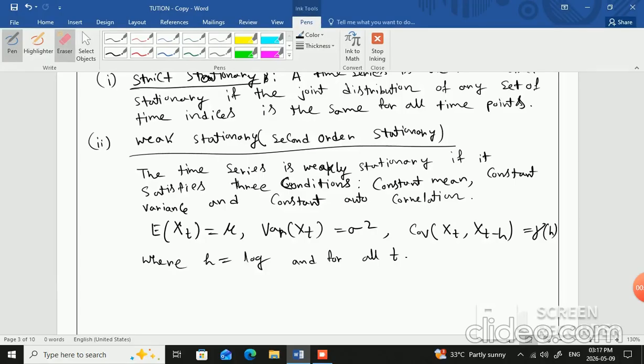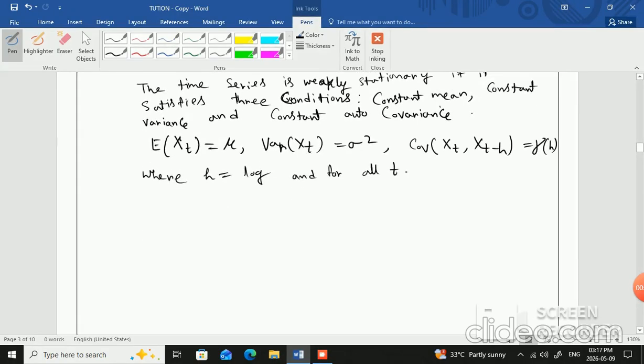This is not correlation, this is autocovariance, constant autocovariance. Also, the covariance between xt and xt minus h is constant for all t, and h is the lag. Lag is the difference between two time periods, as we already discussed. Here t is one time period, t minus h is another time period, and the difference is h. h is the lag.